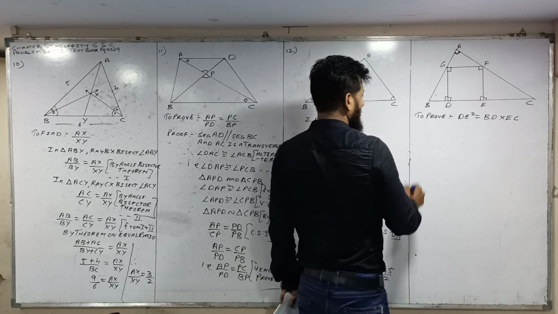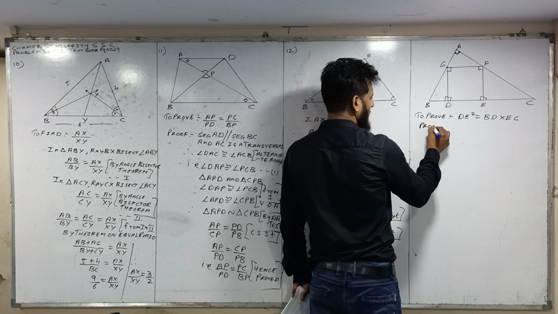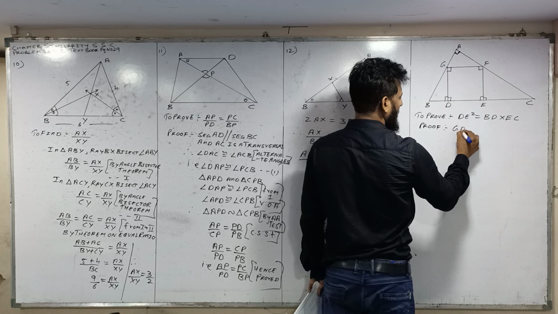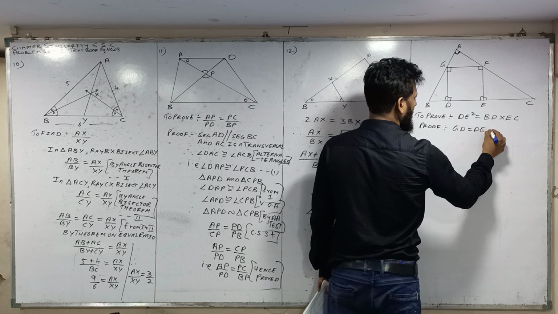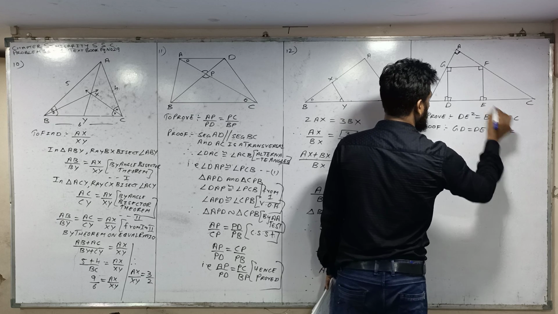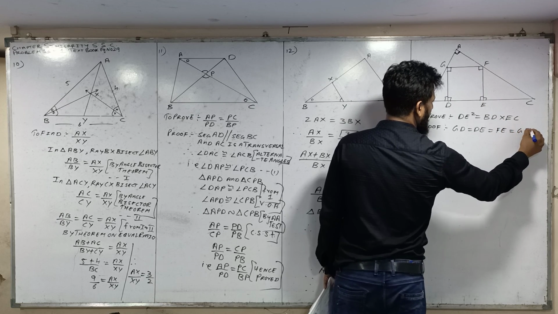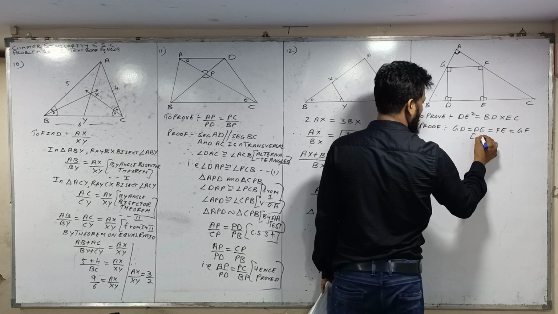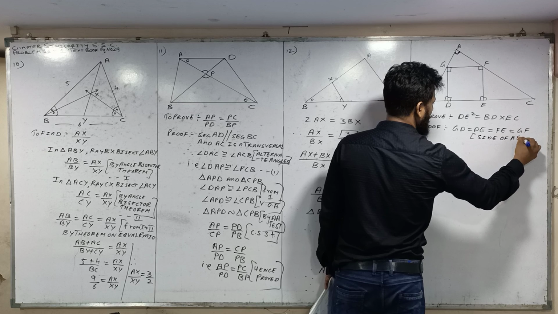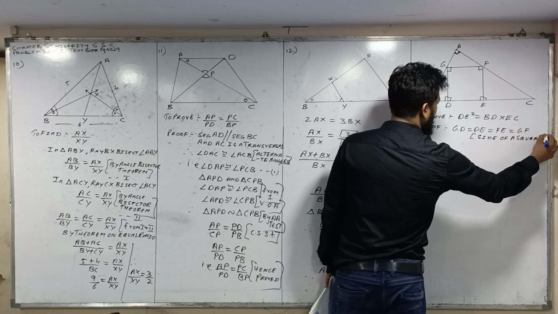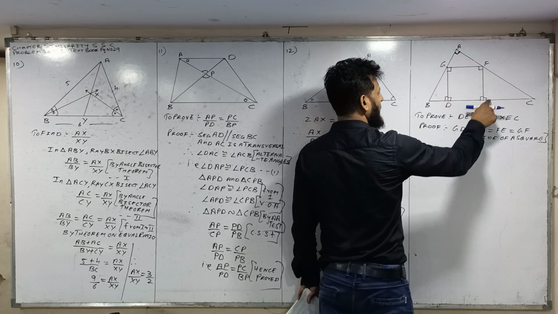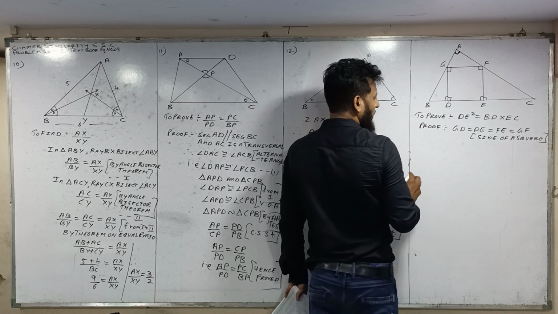So we are proving it. DEFG is a square, therefore GD is equal to DE is equal to FE is equal to GF. All four sides are equal, sides of a square. All sides of a square are always equal. All four sides of DEFG are equal.